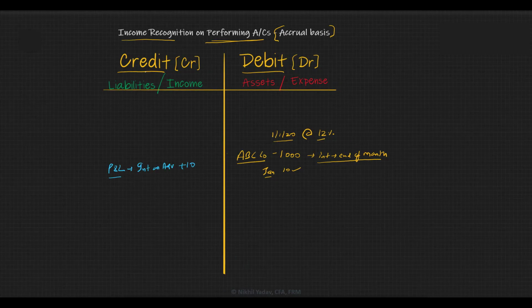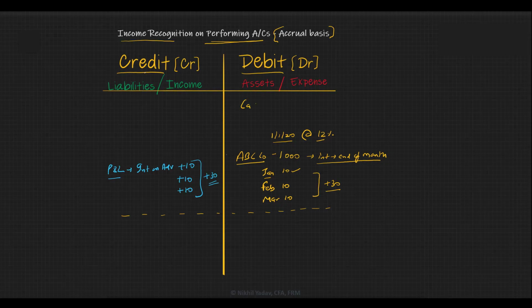So the same thing happens each month. It happens for February as well as for March 2020, and correspondingly we'll keep recognizing this income under the P&L by crediting it each month. So at the end of the financial year, we have debited this account by 30 and correspondingly booked an income of 30 in the P&L.